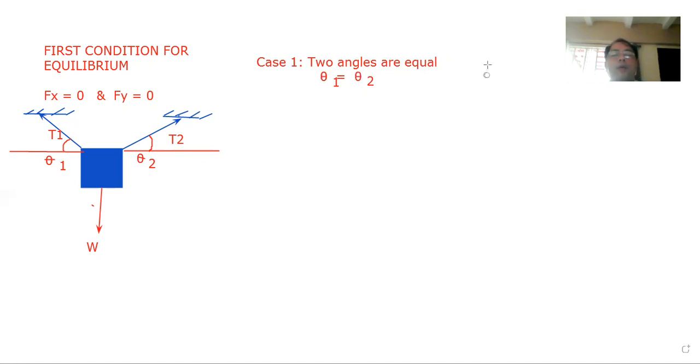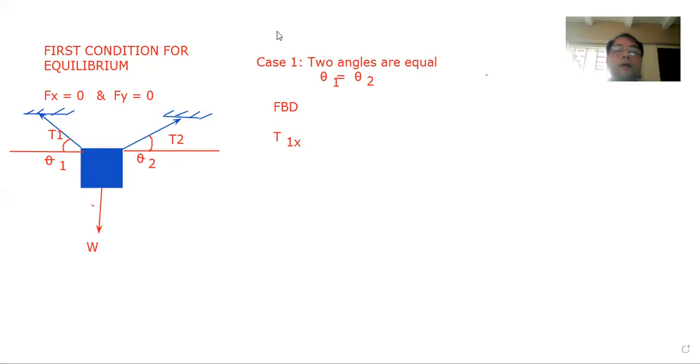So what will be the effect on our forces? We can easily identify the forces here by looking at our free body diagram. If you consider the free body diagram, we can split our tensions 1 and 2 into components. We could have tension 1x, which is the horizontal component.